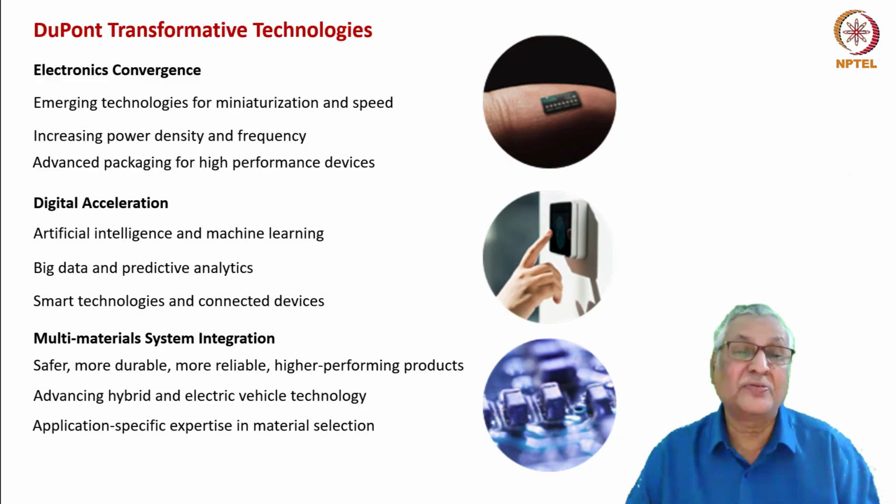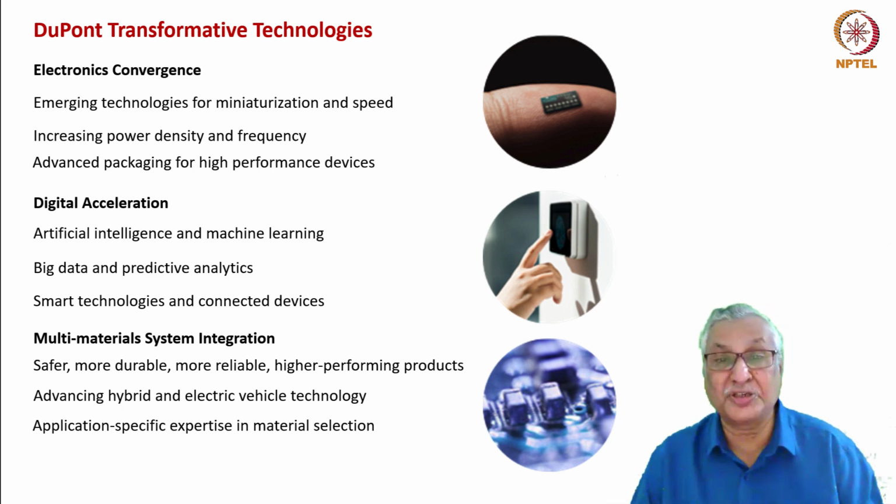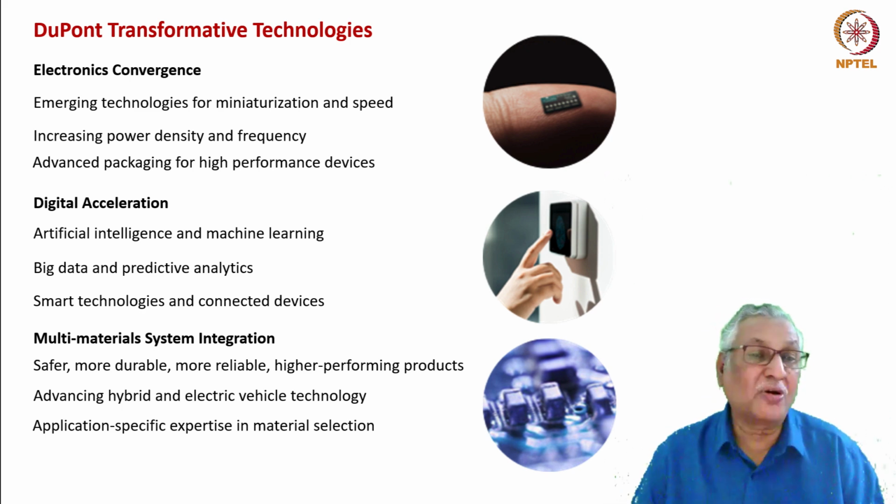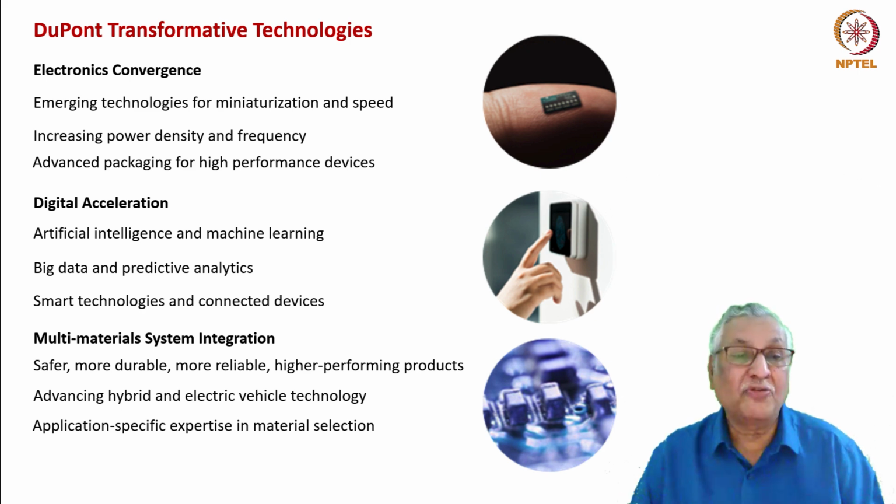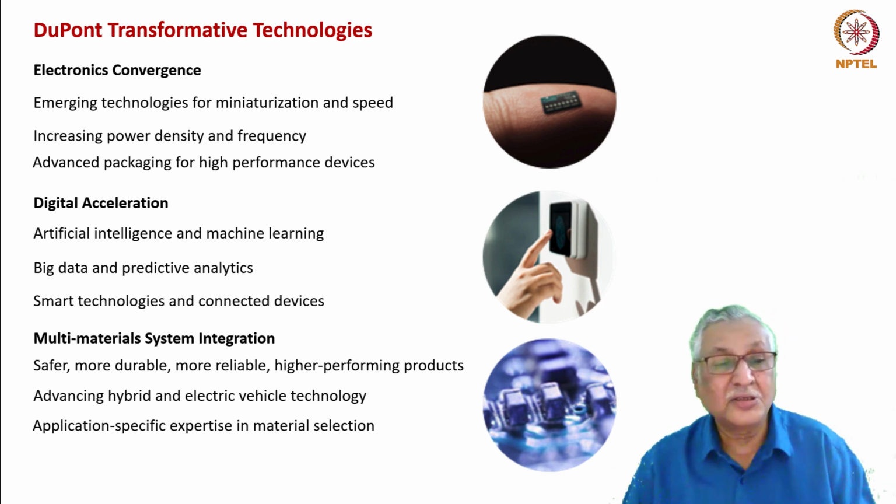DuPont is another company which has excelled itself in materials and related technologies. It has three transformative technologies: electronics convergence, that is, emerging technologies for miniaturization and speed, increasing power density and frequency, advanced packaging for high performance devices, all of this for electronics convergence. Then it works on digital acceleration: artificial intelligence and machine learning, big data and predictive analysis, smart technologies, and connected devices.